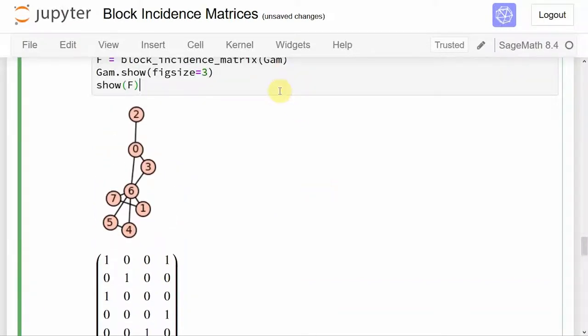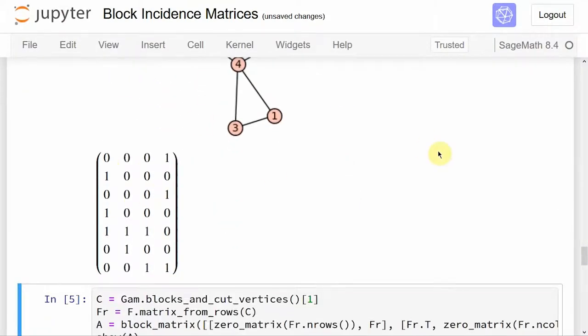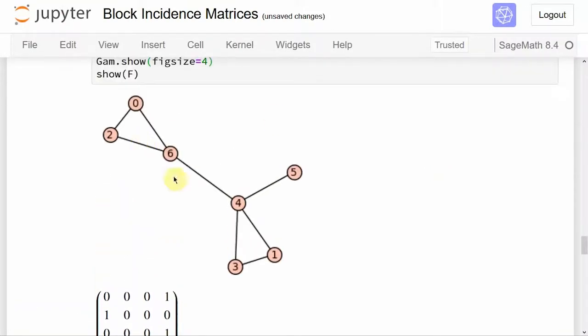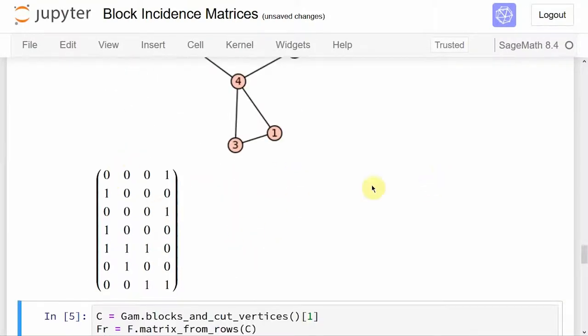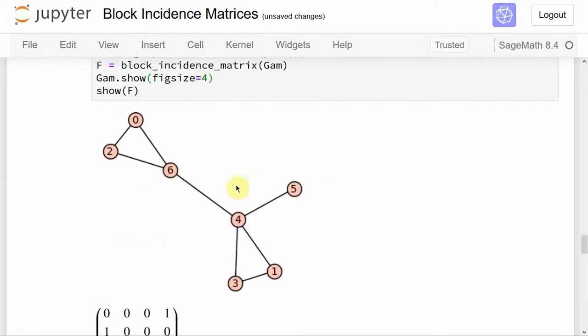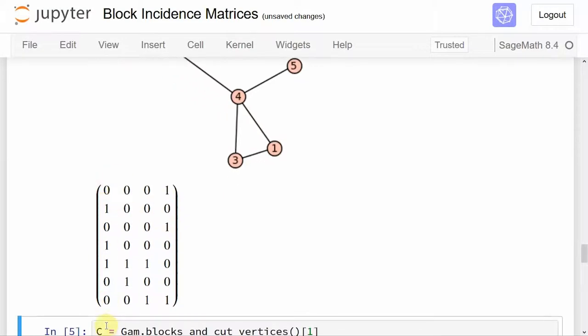It is 0, 1. It's not 0, 1, minus 1 because there's no natural way to give any orientation to blocks. Since there are 4 blocks, it has 4 columns, and the number of vertices is 7, so there are 7 rows.